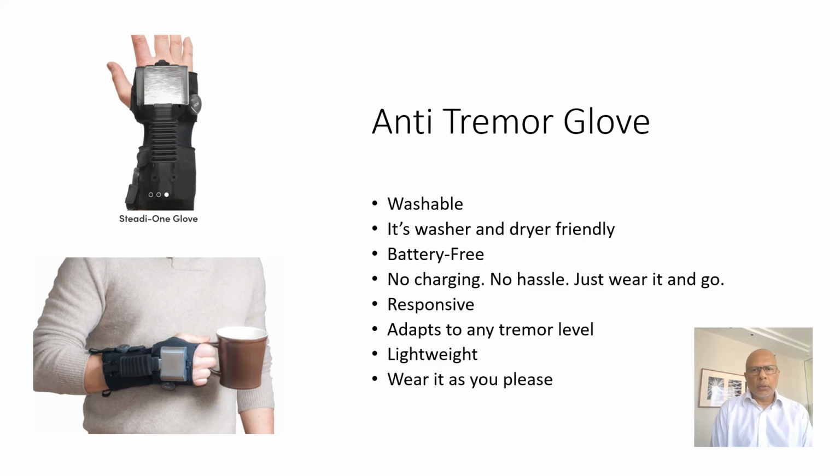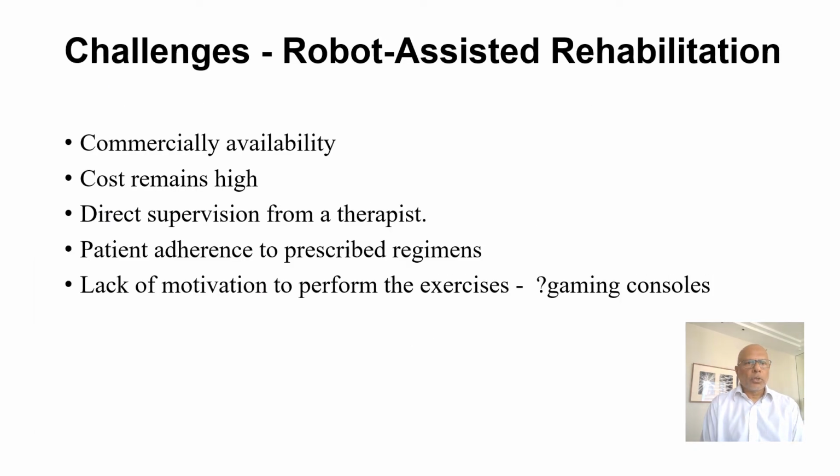Just a quick word on anti-tremor devices. These are robotic devices that can be worn on the hand, especially for those with conditions of uncontrolled movements, like Parkinson's, and the use of various motors within the system helps reduce tremors. They are quite useful.